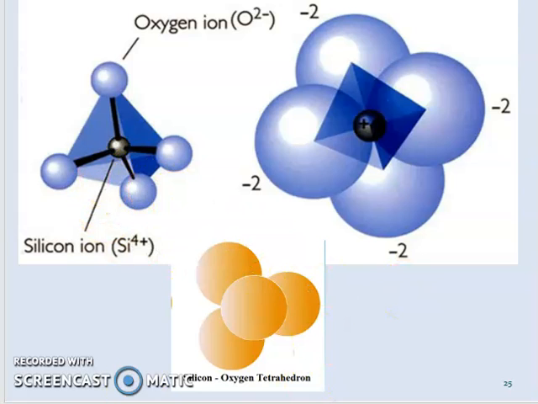So the net charge should be minus 4, because you have 4 oxygen ions times minus 2, you will obtain minus 8, and here you have a 4 positive charge, then the net charge should be minus 4.